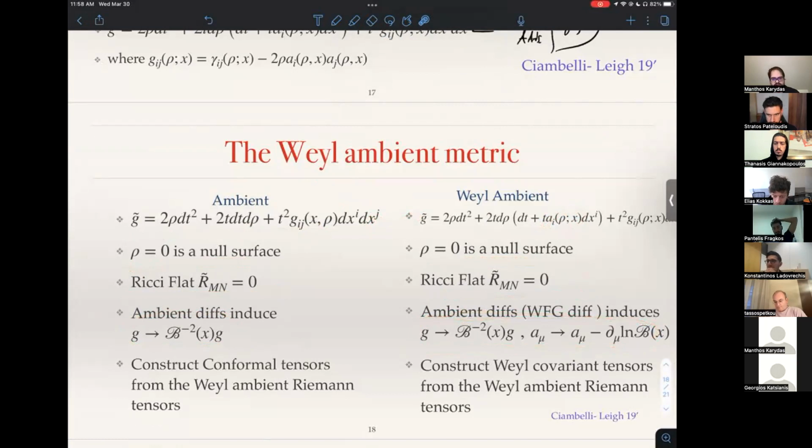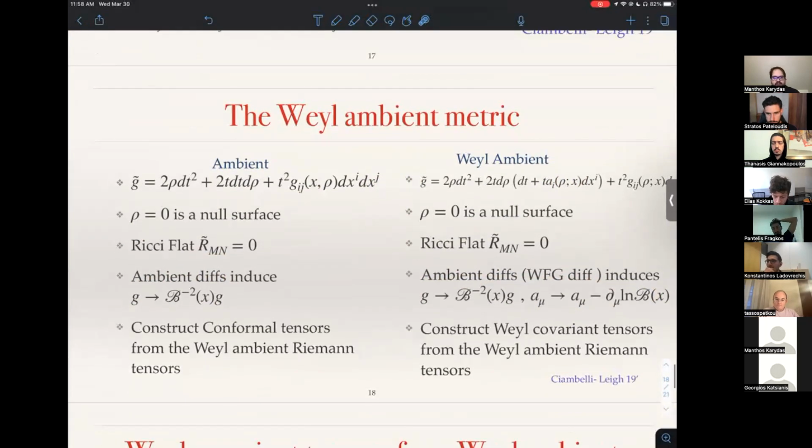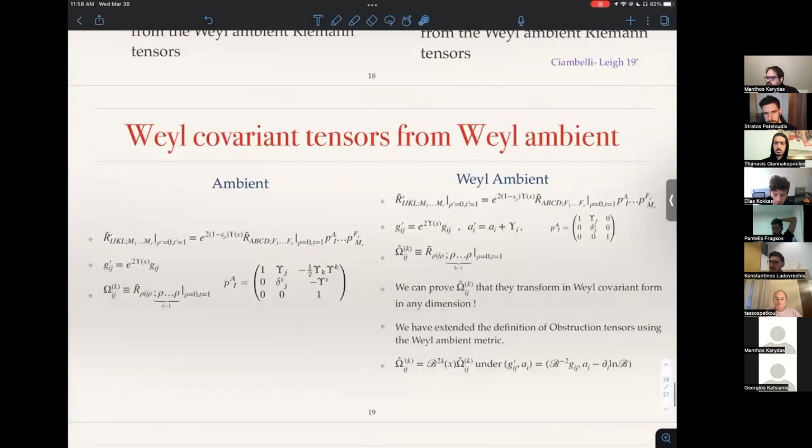So we have this Weyl symmetry. And we can construct conformal tensors in the ambient. We can construct Weyl covariant tensors using the Weyl ambient. So everything falls through. What we were able to show is to take this important proposition that I mentioned from Fefferman-Graham and prove it for the Weyl ambient, and found how it transforms for the Weyl ambient metric.